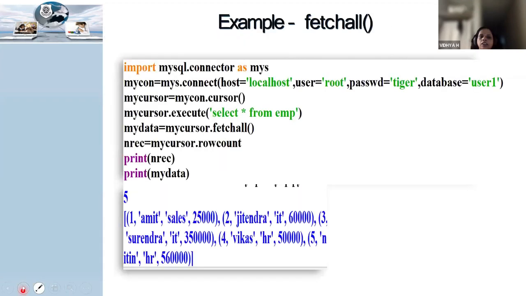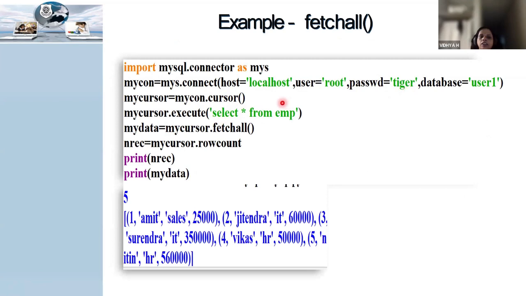So here is our first simple program: a program to display our content, with the assumption that our table is present. Here you can see my host is localhost, the user, the password, and the name of the database, user1.